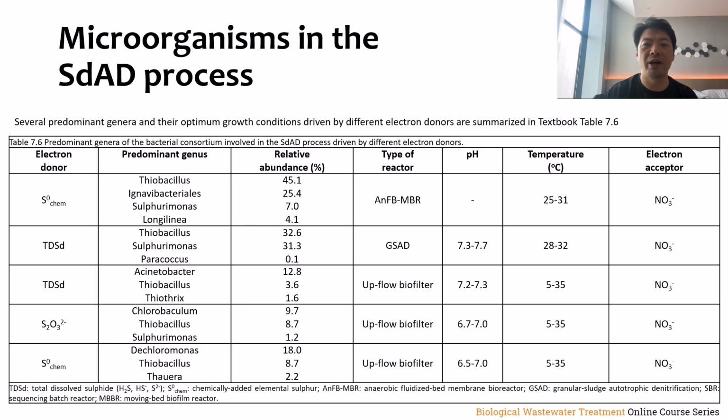The composition and diversity of SOB vary considerably based on the type of electron donor used. The key genera such as Thiobacillus and Sulfurimonas, which function as obligate or facultative chemolithotrophs, have their optimal growth conditions driven by different electron donors, detailed in the textbook Table 7.6.